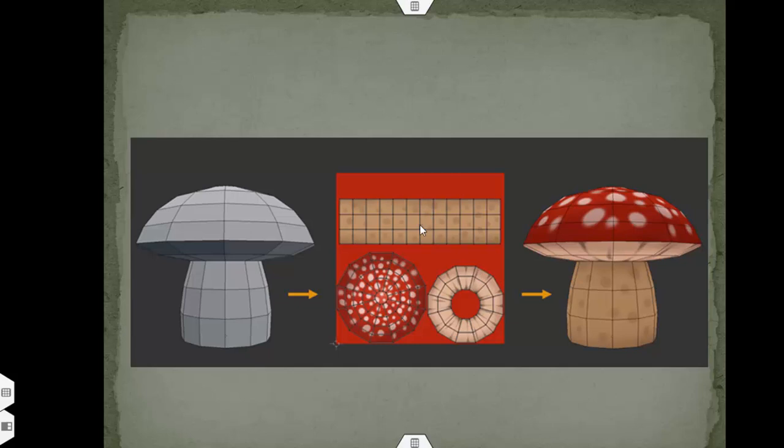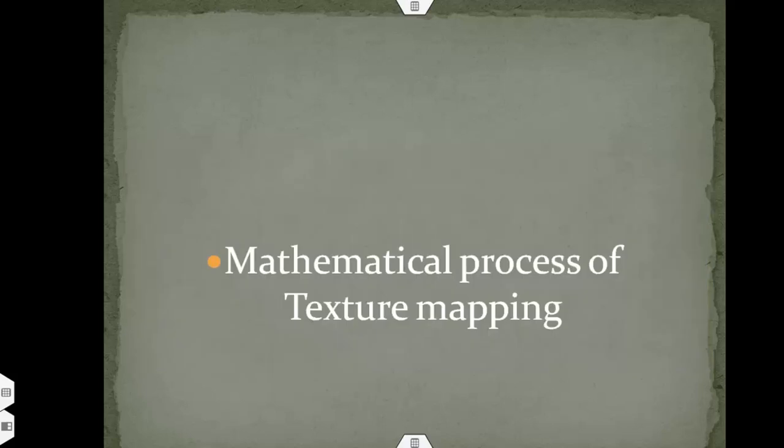Separately we unwrap these three, and after unwrapping we apply different textures on them and then wrap it. This is the very basic process we apply on every model in order to assign the texture.